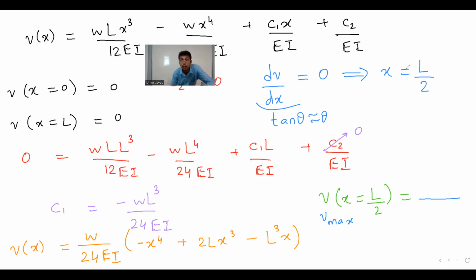This implies that at x equal to L by 2, you have V max. So you will get x equal to L by 2.